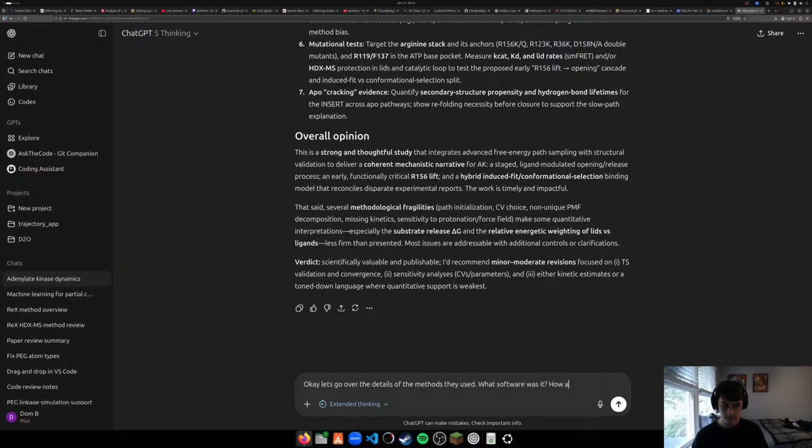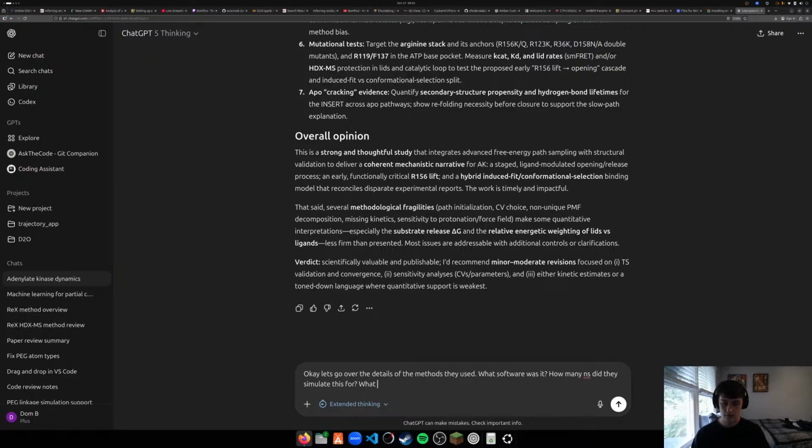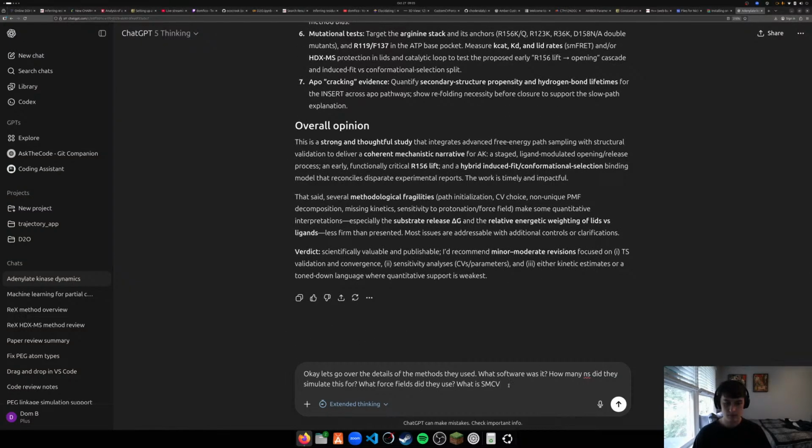How many nanoseconds did they simulate this for? What force fields did they use? What is SMCV? Is that what it's called? Yeah, SMCV. How do you calculate the reaction coordinate?